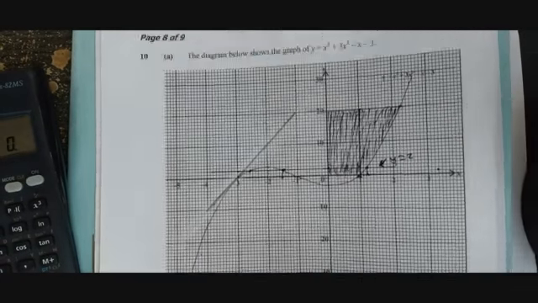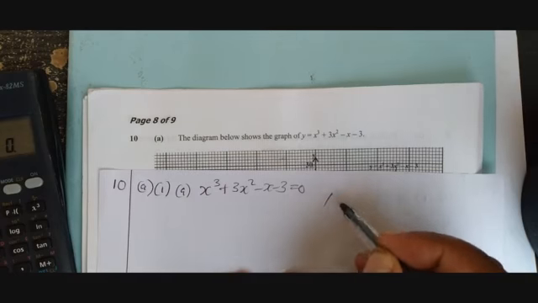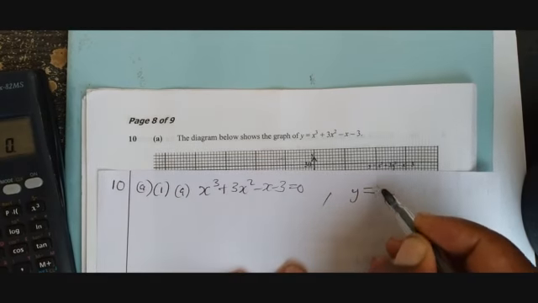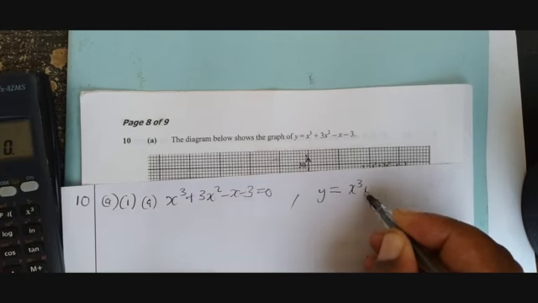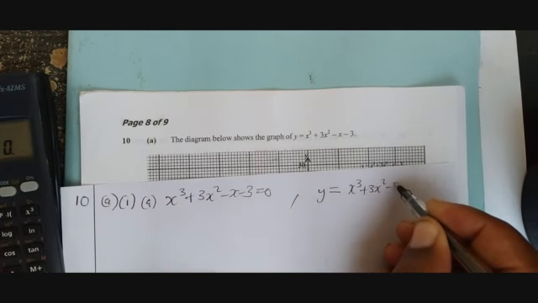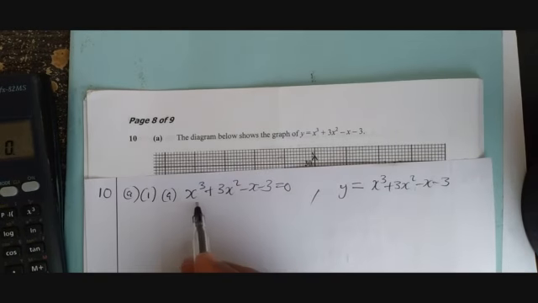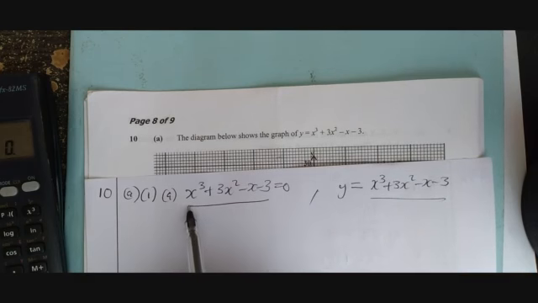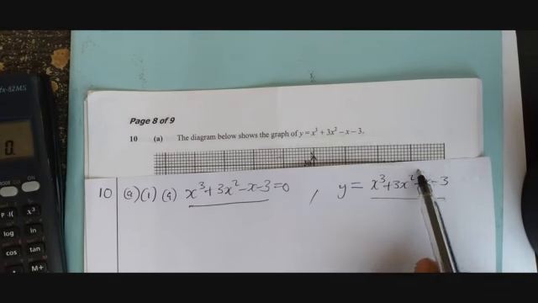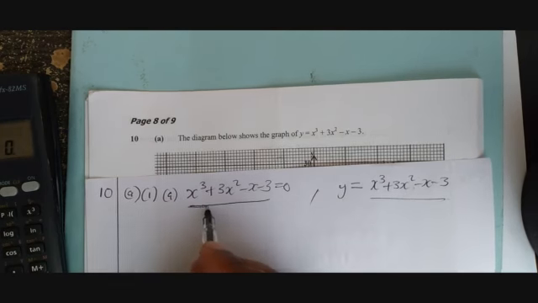Now, if you check here, the equation that we have in the question is y is equal to x to the power 3 plus 3x squared minus x minus 3. This is what we have. All right. Now, to solve this equation, you compare it to this one. You say, is this and this one the same? Yes, everything is the same here. All right. And this is equal to y, meaning that the whole lot of this one is y.